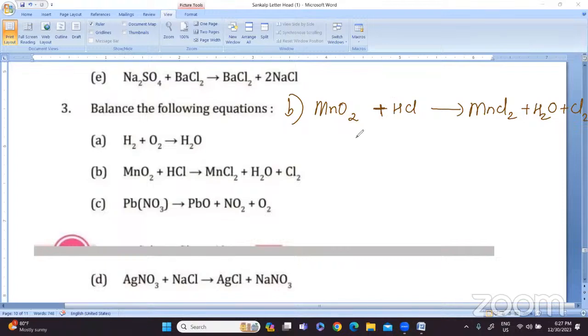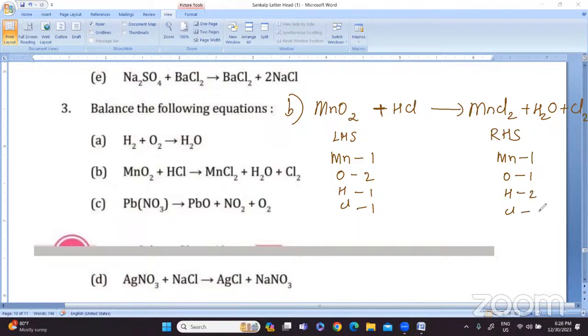So on the left hand side and right hand side, write down Mn, oxygen, hydrogen, chlorine. Mn is 1, oxygens are 2, hydrogen is 1, chlorine is 1. On the right, Mn is 1, oxygen is 1, hydrogen is 2, chlorine is 4. So how do you balance this particular reaction?